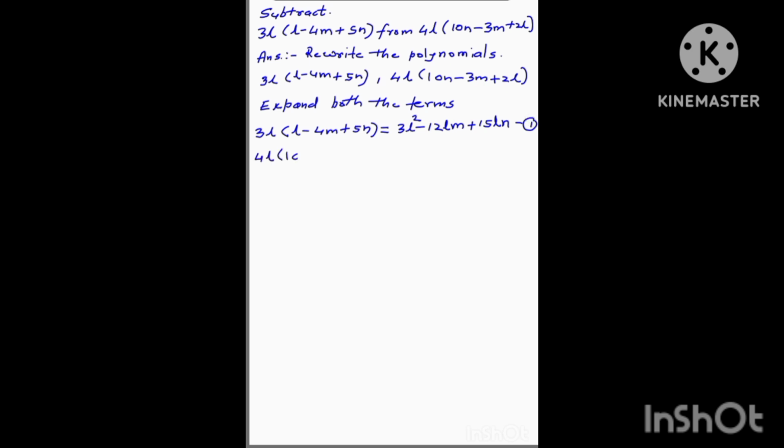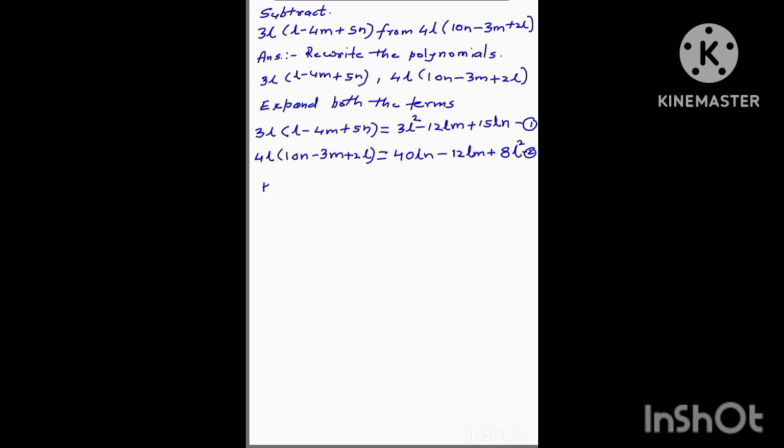Generally when you multiply, plus and minus, that sign is very important. Okay, and another one is 4L into 10n minus 3m plus 2L, which will be 40ln minus 12lm plus 8l square.